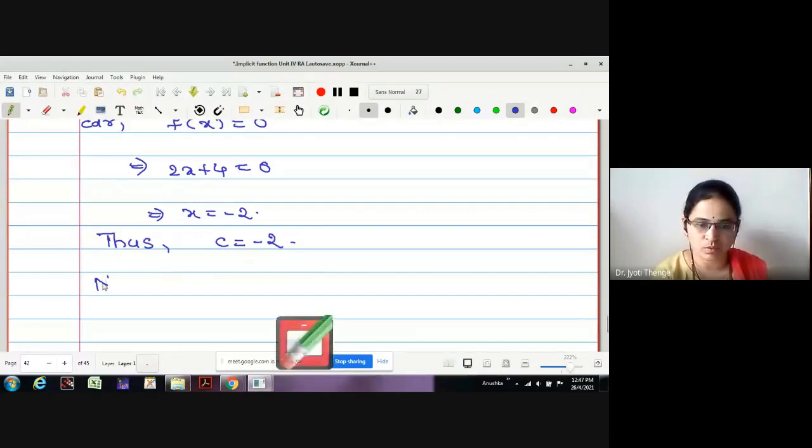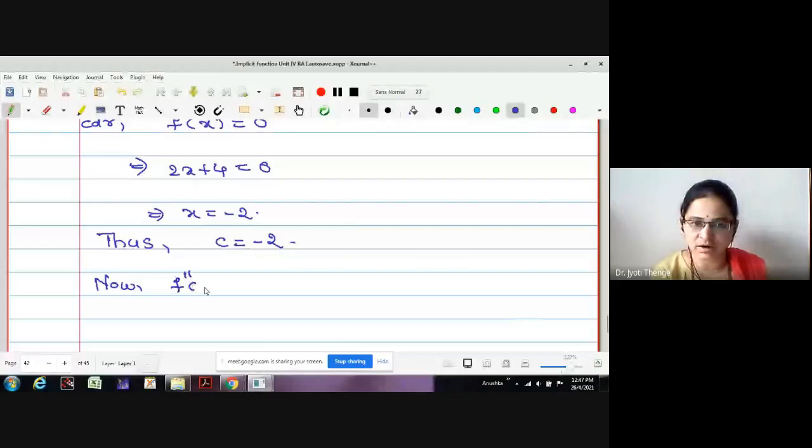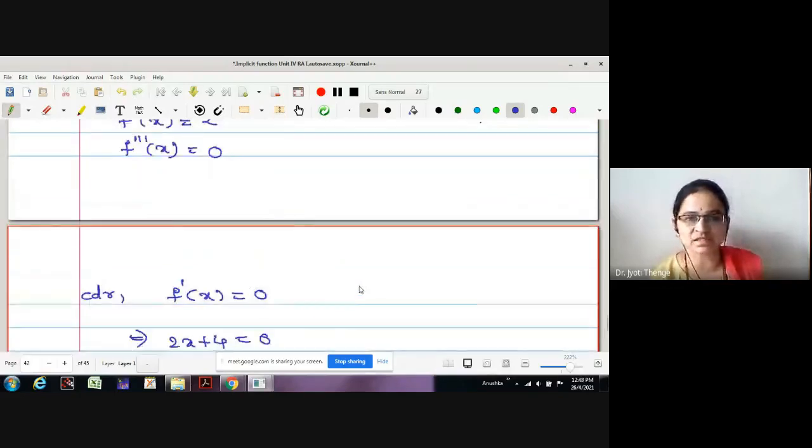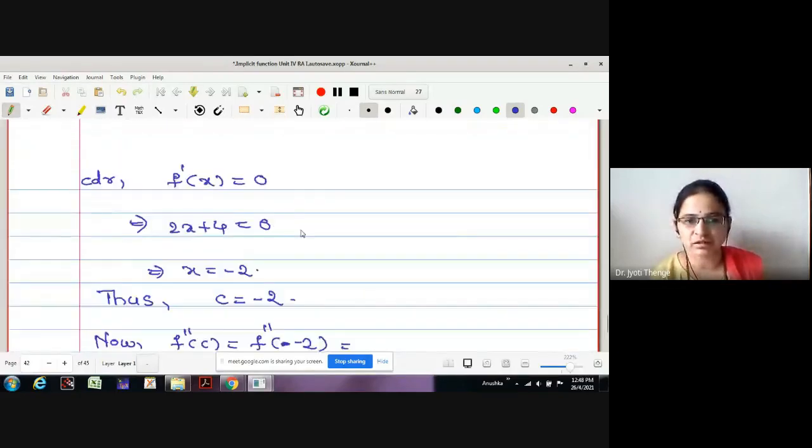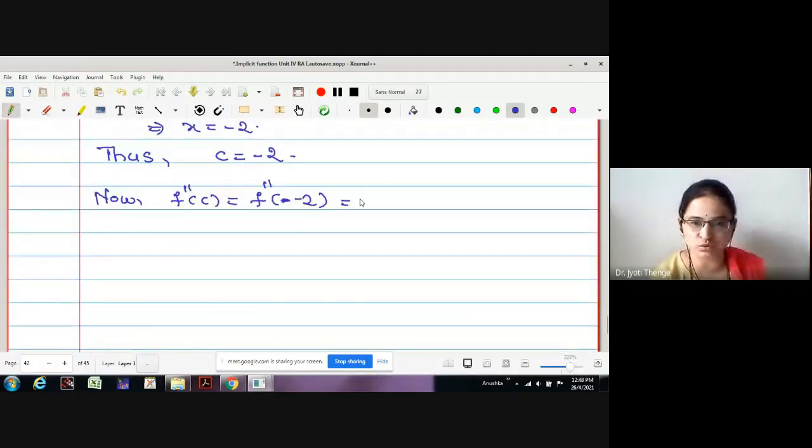Now, f double dash at the point c, that is f double dash at the point minus 2. But what is the value of f double dash of x? It's constant. But what is the value of f double dash of minus 2? Is it 2 again? And what about f triple dash at the point minus 2? 0.